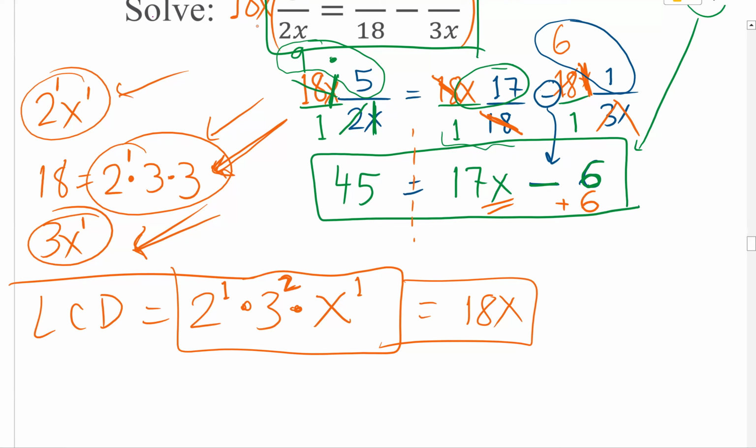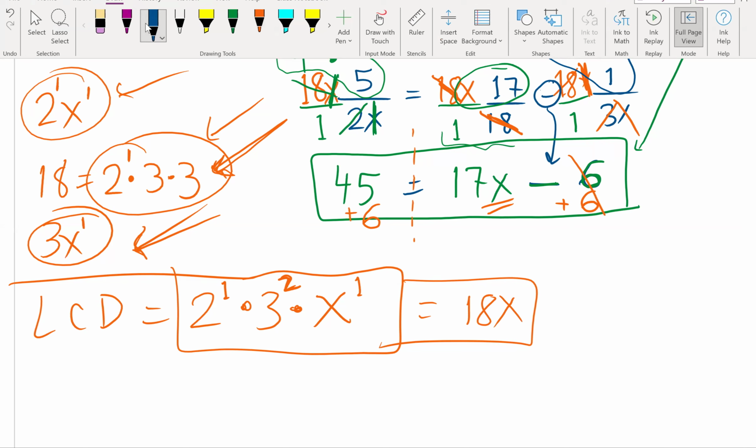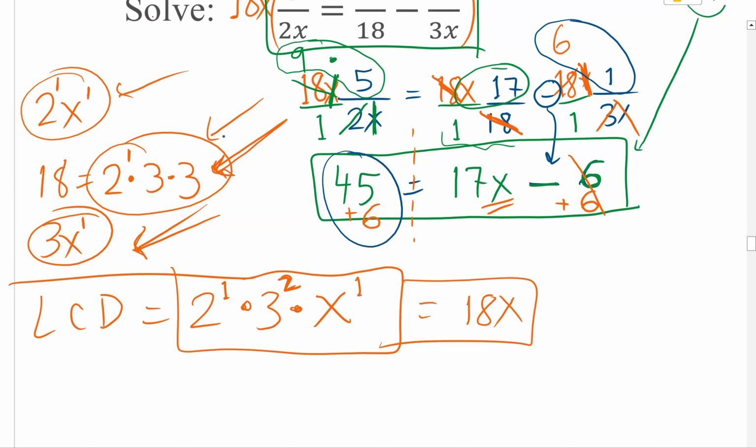But since there's only one x term and it's already on the right side, it feels kind of silly to move it to the left side. Might as well just move the constants to the left. And since the 6 is negative, I'm going to add it to the other side. 45 and 6 is 51. Equals, and now the 17x is all by itself on the right side.